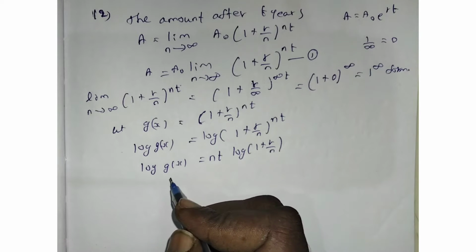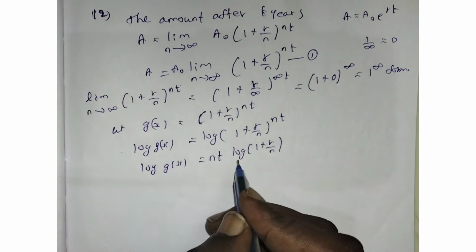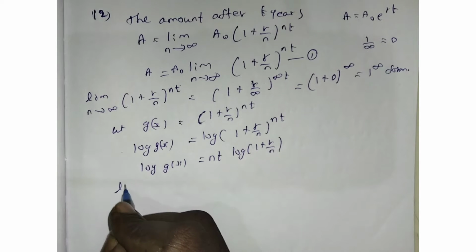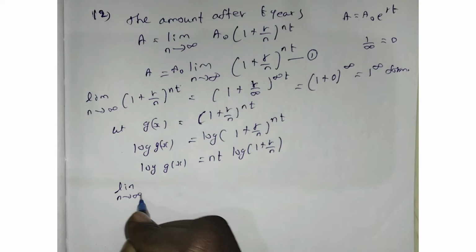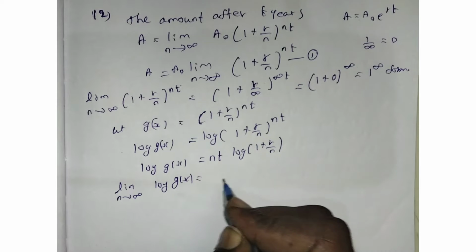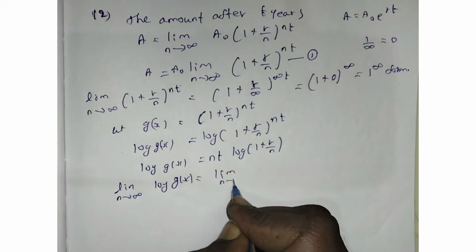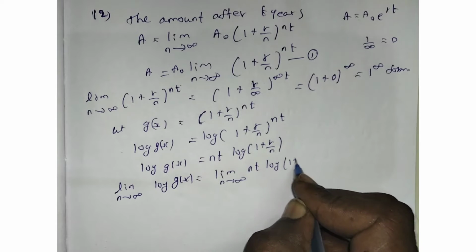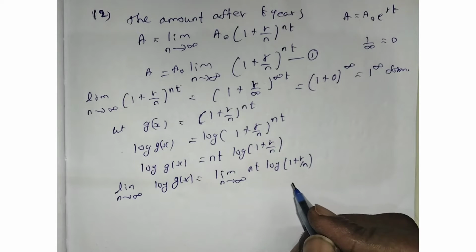Now we need to apply the limit on both sides. We have limit n tends to infinity. Limit n tends to infinity of log of g of x equals limit n tends to infinity of nt into log of 1 plus r by n.